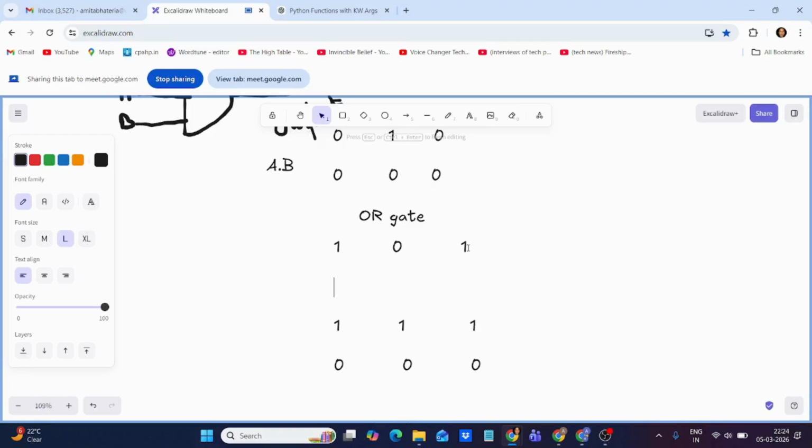For example, if the first input is 0 and the second input is 1, what will be the output? 1, right? And if the first is 1 and the second is also 1, the output will be 1, right? And the formula to calculate the OR gate is A plus B, right? Now you tell me, 1 plus 0 is what?